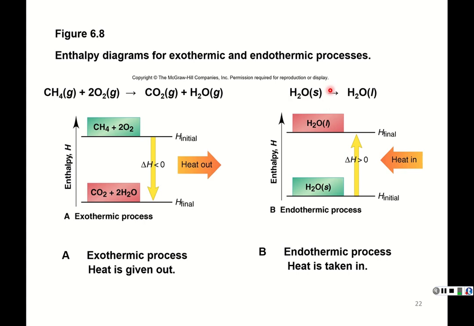So if you go from solid water, which is ice, to a liquid, you melt that. That process requires heat coming in, right? So solid water ice is going to have a lower value of enthalpy to start than the liquid water. So you have to supply heat into that. Delta H, therefore, will be positive, and that's an endothermic process. You need heat.